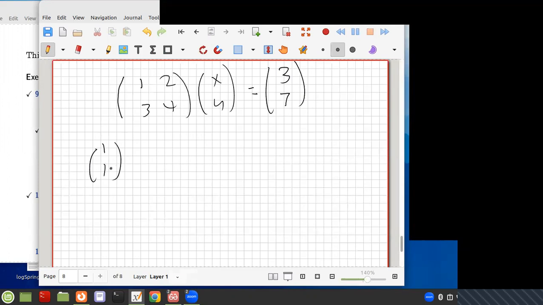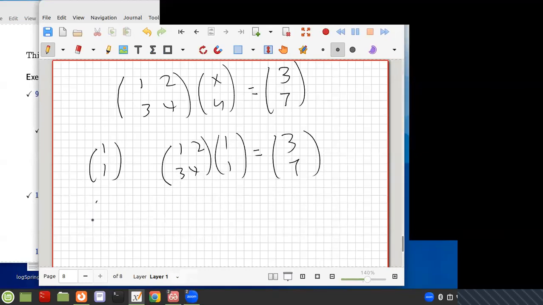So what you can do is just plug in the 1, 1 here and make this product, and the answer would be 1 times 1 plus 2 times 1 is 3, and 3 times 1 plus 4 times 1 is 7. And then you can check 1, 2.